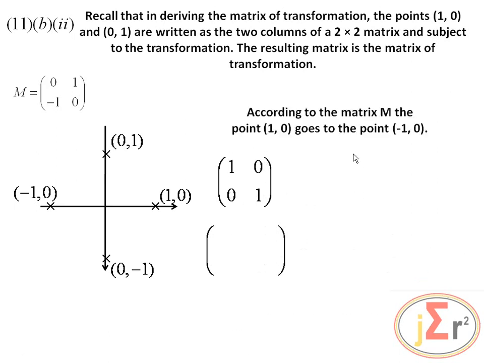So according to the matrix M, the point (1, 0) goes to the point (0, -1). And also the point (0, 1) goes to its image (1, 0).